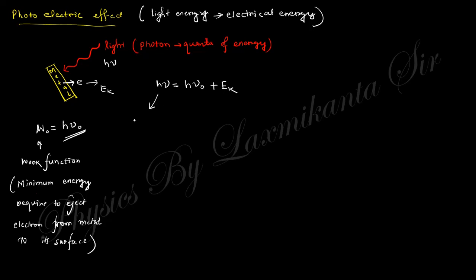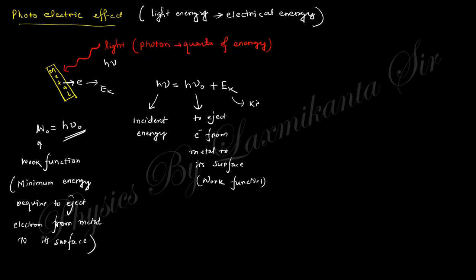So this is the energy incident on this metal, and this is the work function, required to eject the electron from the metal to its surface. And the rest of this energy is used as the kinetic energy of the electron. So I think that is clear.